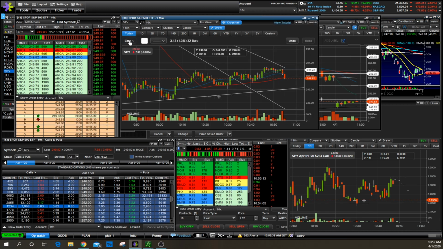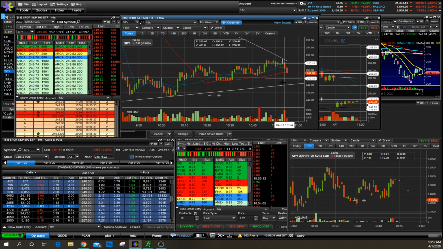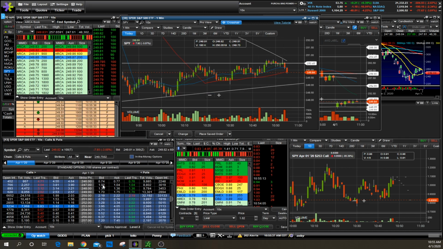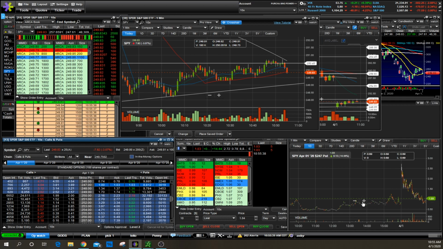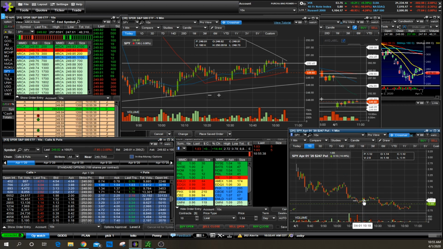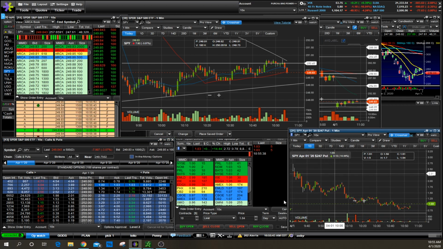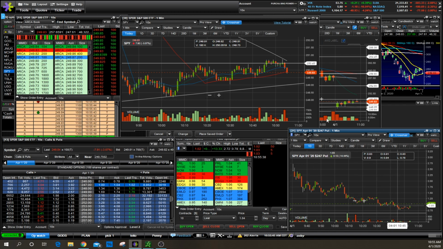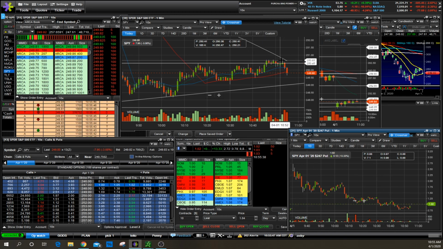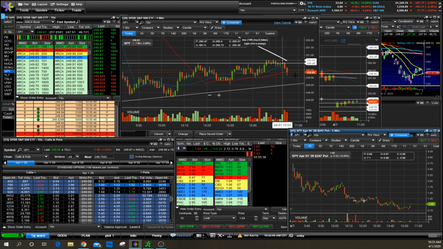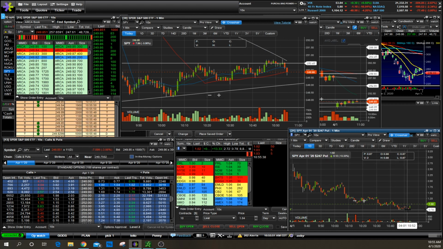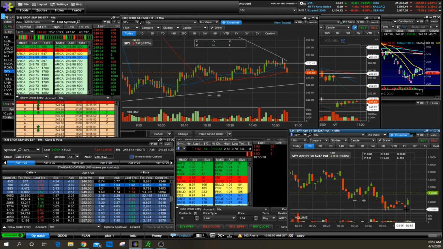Oh, there it is. Some breaking down below the moving average. Let's see what these puts are doing. 147 at $1. It's not bad. The low was 78 cents. That's why I love trading options, because if you would have bought this while this was spiking at this moving average 3 minutes ago, you already made 25% of your money. Crazy.